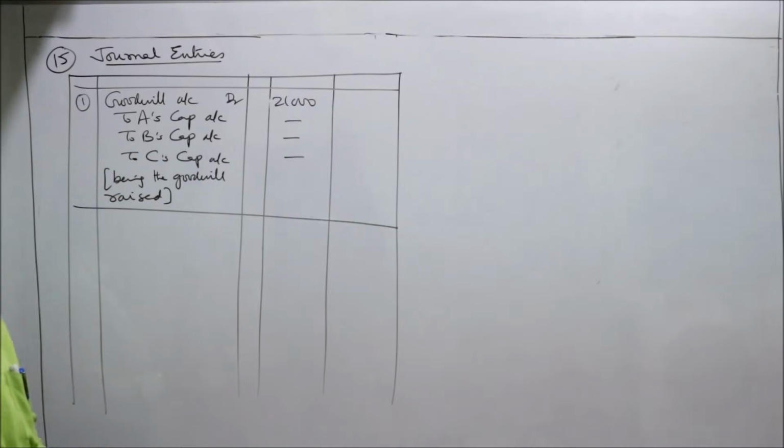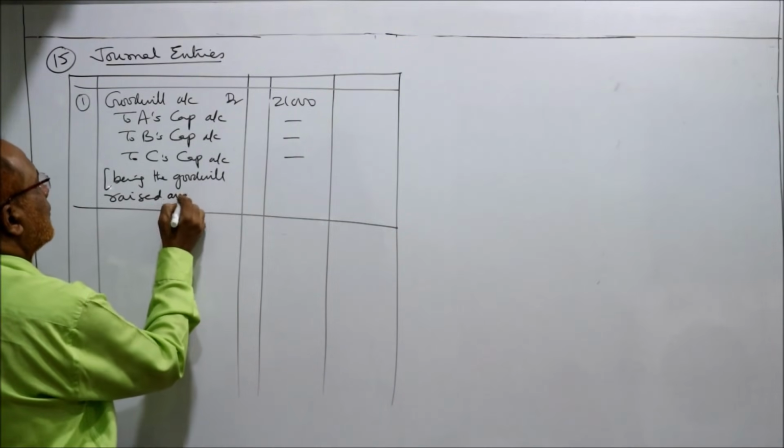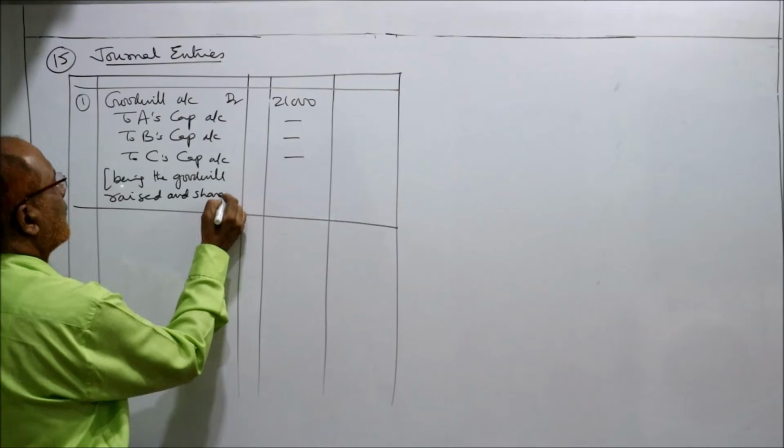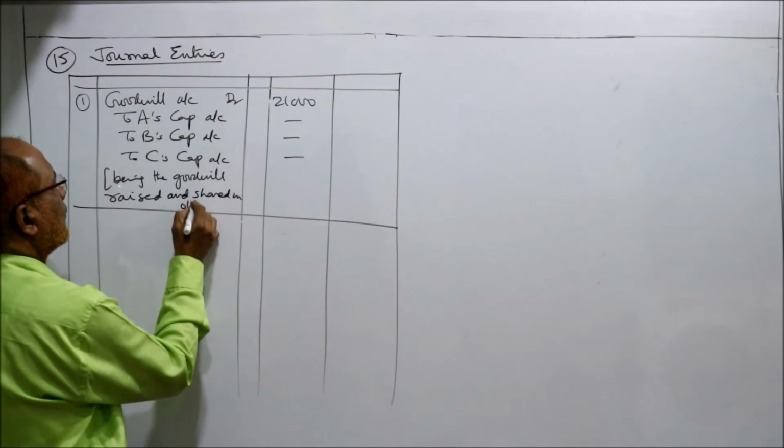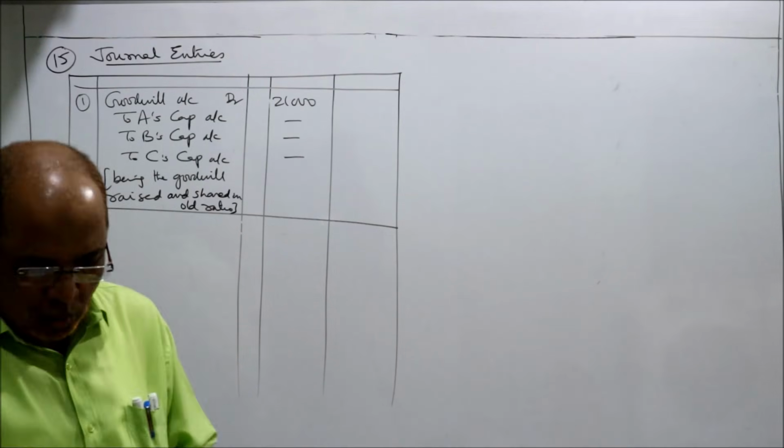Being the goodwill raised, first of all, goodwill should be debited and all partners should be credited: A's capital, B's capital, C's capital in the old ratio. Being the goodwill raised and shared in the old ratio.